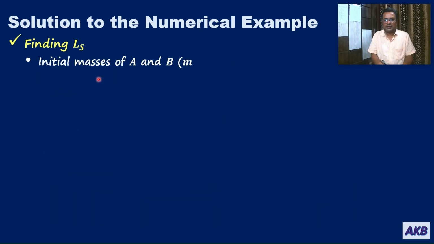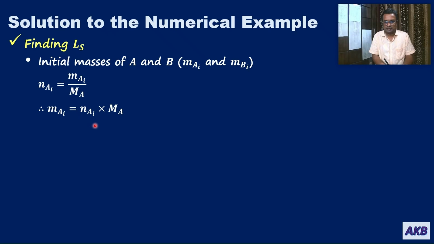Now we will find initial masses of A and B. So MAI, the initial mass of A, and MBI, the initial mass of B. For that, I will use the defining equation for number of mole. What is that equation? NAI is equal to MAI divided by capital MA, where capital MA is the molecular weight.